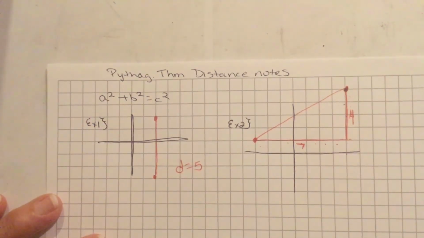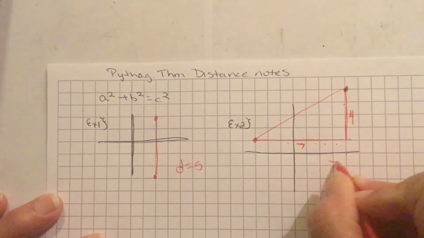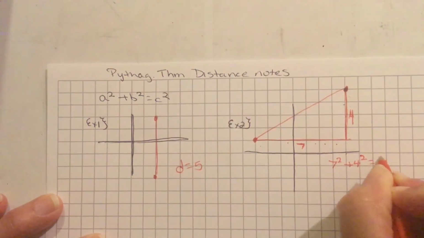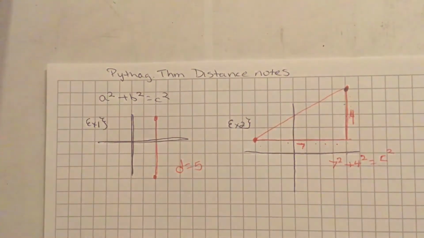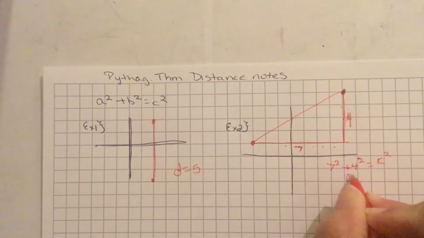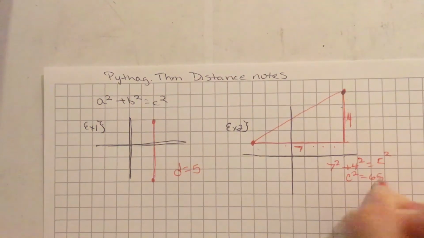Notice I'm missing the hypotenuse. A squared plus b squared equals c squared. Go ahead and enter that into your calculator. Remember, you can use the square button, or you can go ahead and know that 7 squared is 49 and 4 squared is 16, and you get 65 for c squared.